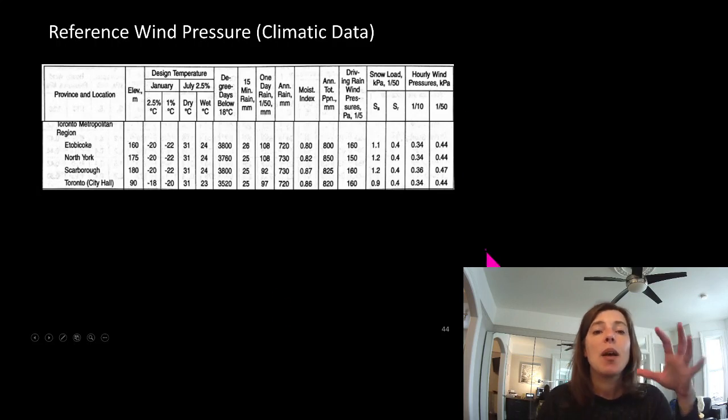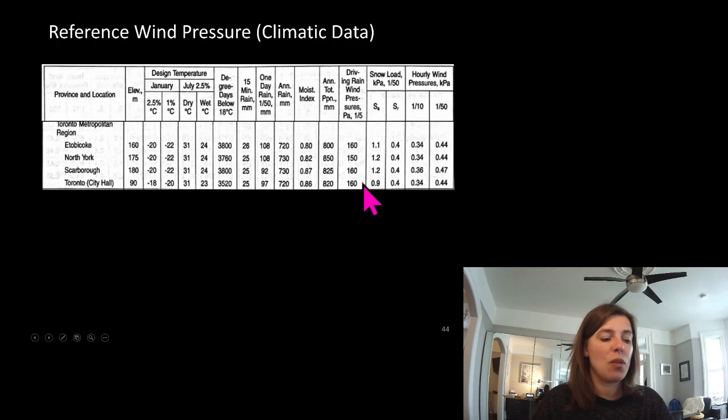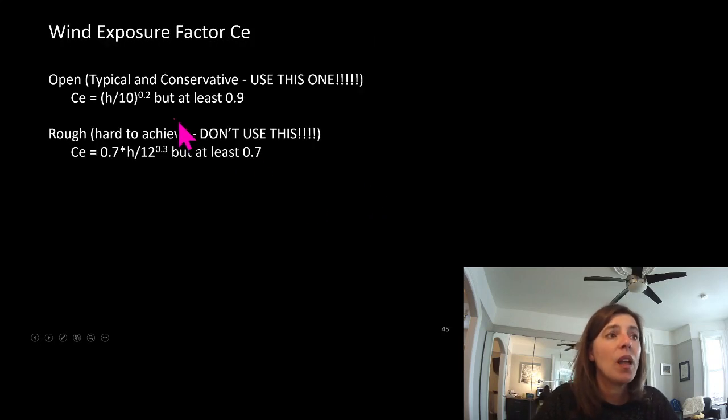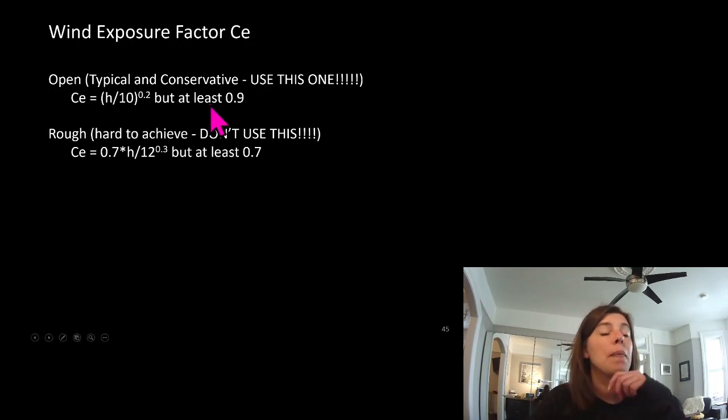So this is placing us in the world. This is the wind pressure placing us in the world. But the same way we had to with snow, we have to take into account localized conditions based on our building. What type of building we're building, what does it look like, what does that do to these values? So we have CE, which is our exposure factor.